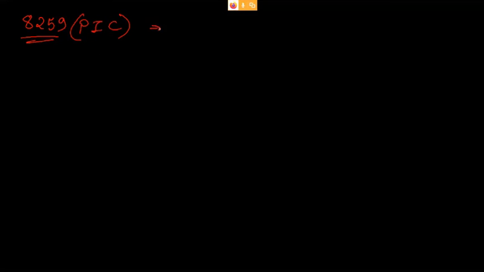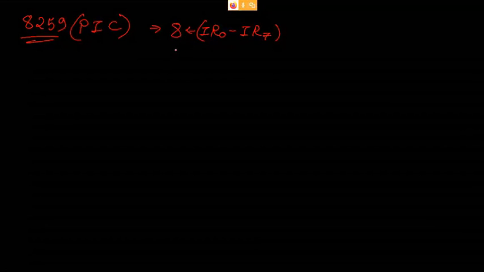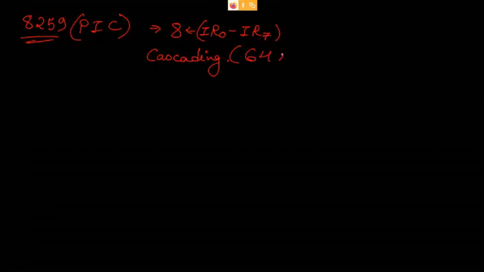It has 8 interrupt lines, provided by IR0 to IR7. We can extend the number of interrupts by cascading multiple 8259s, and we can reach a maximum of 64 interrupts.